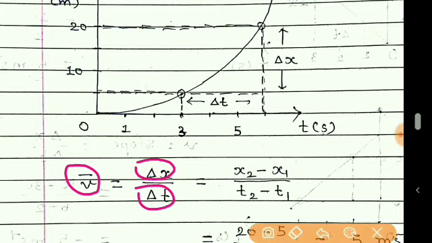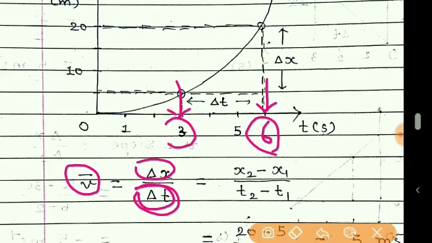Let here the initial time be 3 seconds and the final time be 6 seconds. So what is delta t? It is final minus initial. So you will get 6 minus 3, that is equal to 3 only. So the difference of the time is 3.